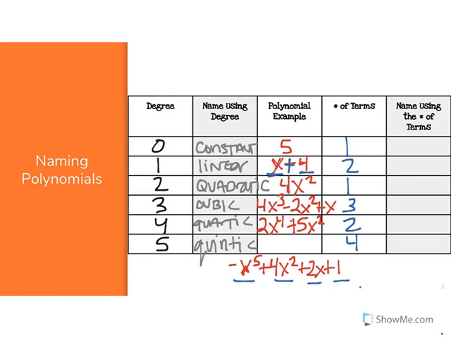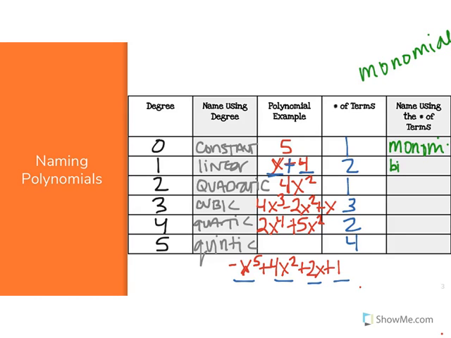Okay, so now we're going to name this polynomial using the number of terms based off of that. So for our first one, we have a monomial. Mono means 1, and I probably can't fit this. So monomial, you guys, you spell it M-O-N-O-M-I-A-L. Okay, and then we have a binomial.